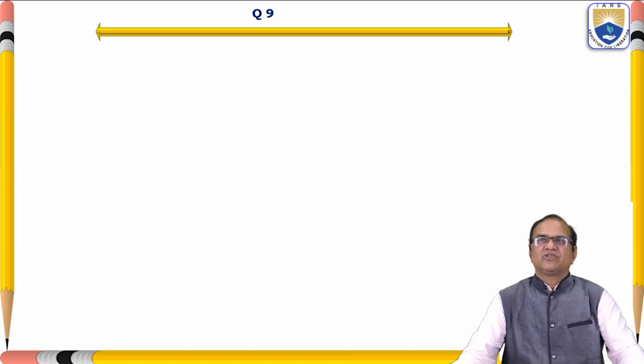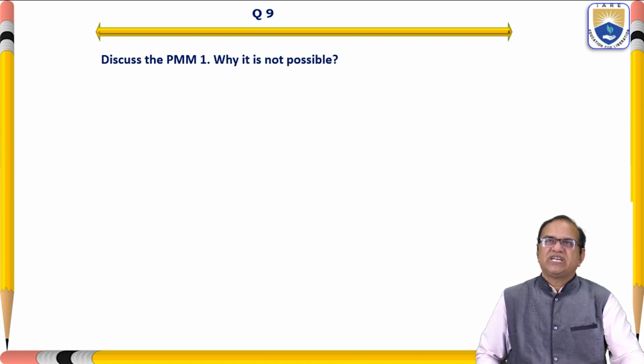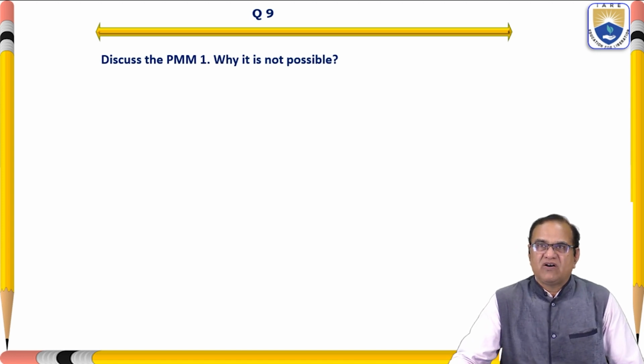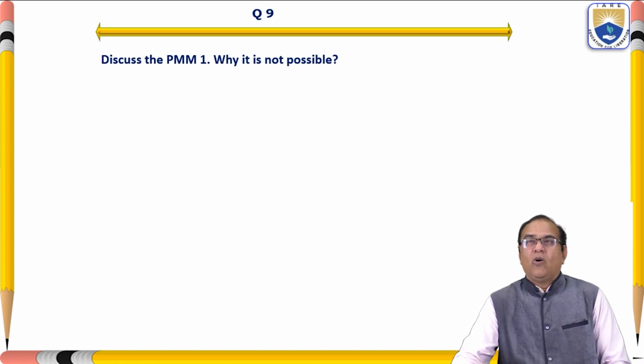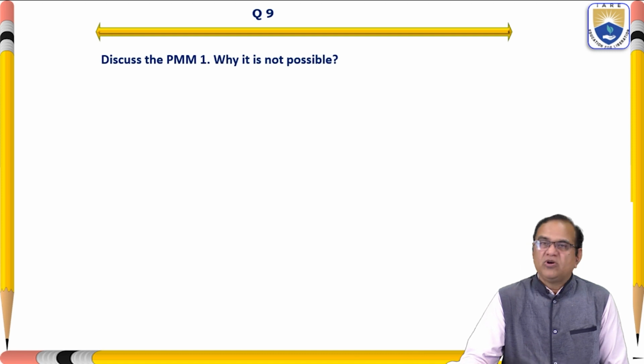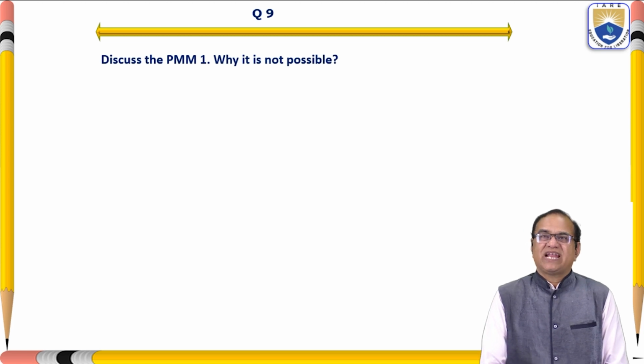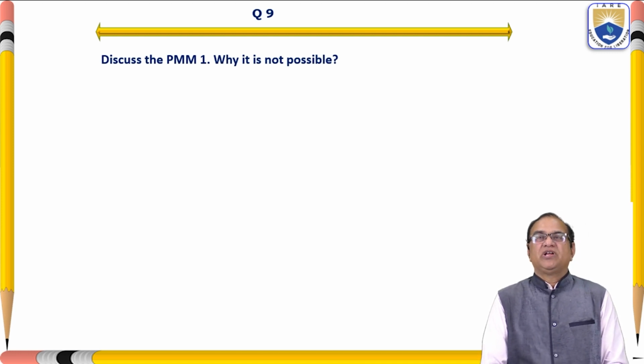Now I will go for question number 9. This asks to discuss the perpetual motion machine of the first kind and why it is not possible. In the olden days people used to say they would make a machine which would not take any energy. It would just run without any source, without any fuel.